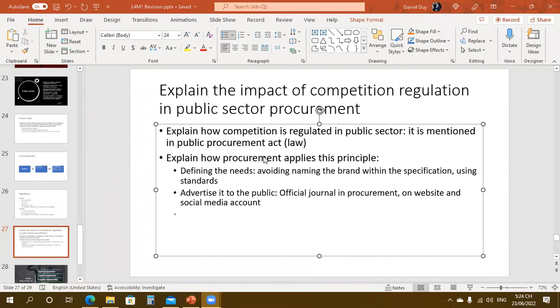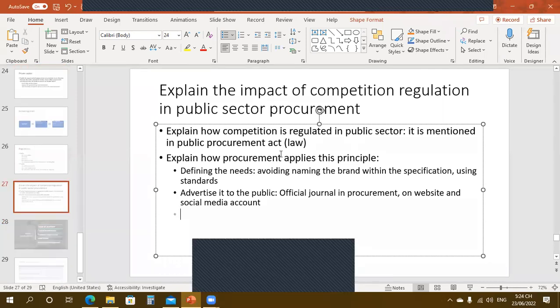Public sector regulations and implementation in procurement process. Now, this is too ambiguous for me to answer. Let's assume the question is like this, and I need to identify another way.